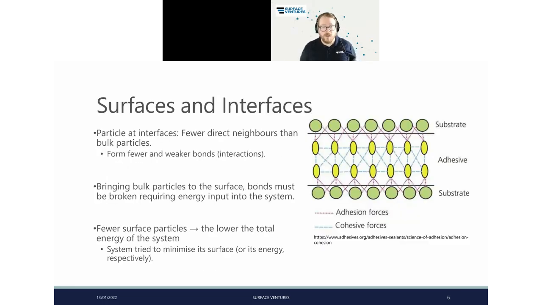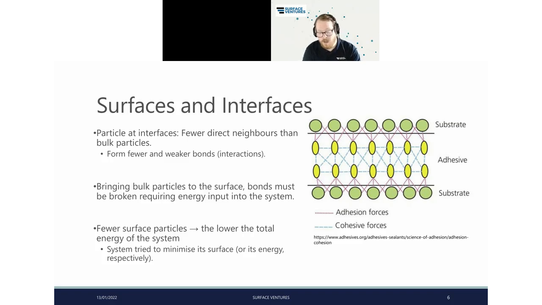So continuing on from there in terms of surfaces and interfaces, we can think of these in terms of particles at interfaces, and also in terms of the forces between those. Essentially, at an interface, the particles have fewer direct neighbors than the bulk.